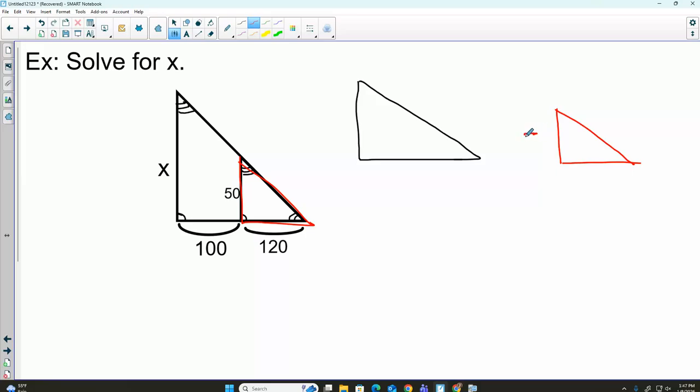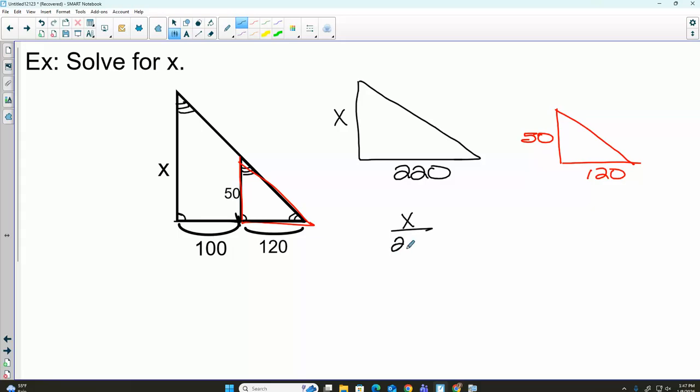So in the smaller triangle, I know that this is 50 and this is 120. In the whole triangle, I know that this is x. What's the bottom going to be? Well, 100 only gets me to here, so we'd have to add them together. So it would be 220. Then if I think of them that way, what can we do?